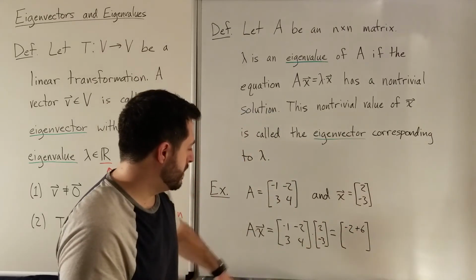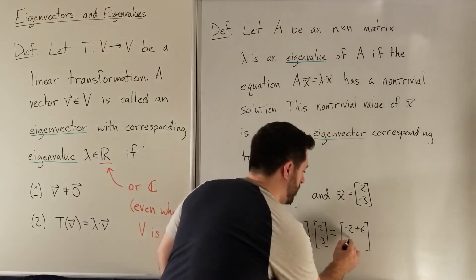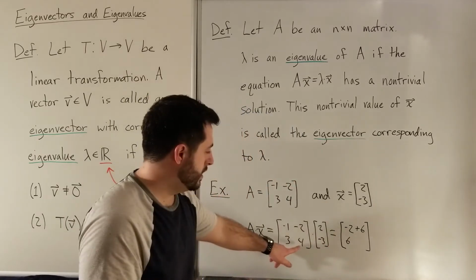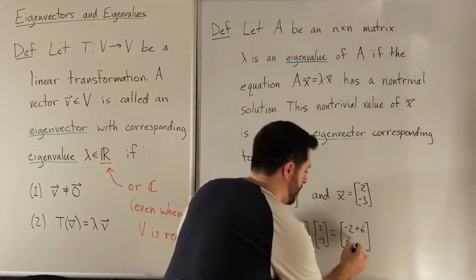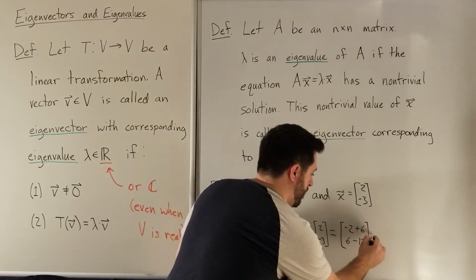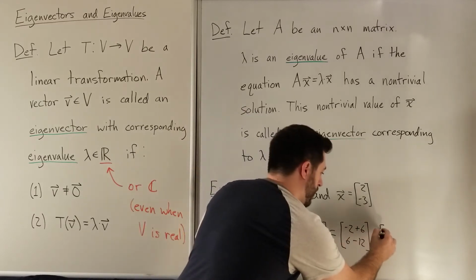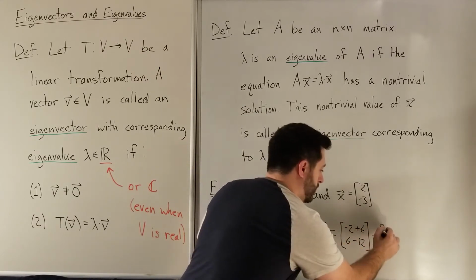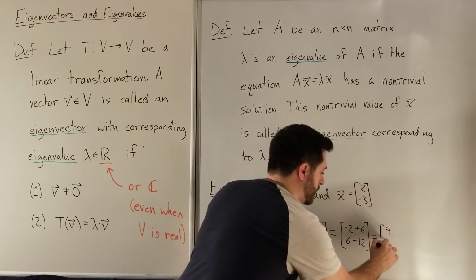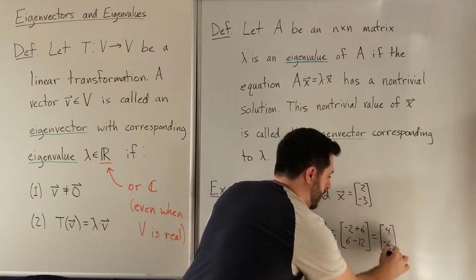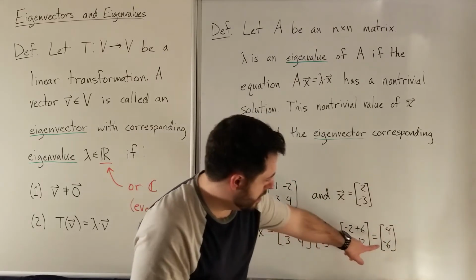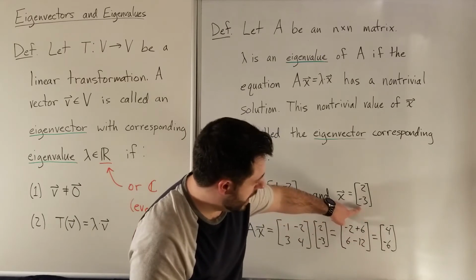And the bottom entry is going to be 3 times 2 plus 4 times -3. All right, so when we simplify that, -2 plus 6 is 4, and 6 minus 12 is -6. And we can see that this is exactly twice that.